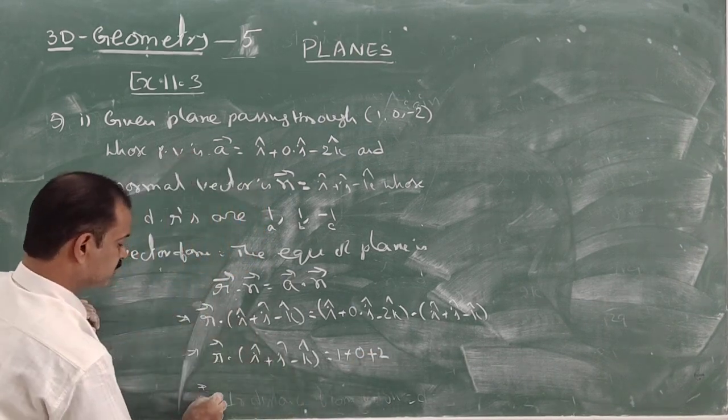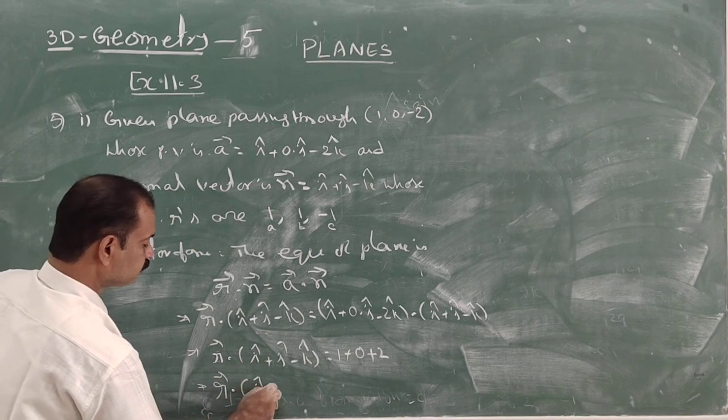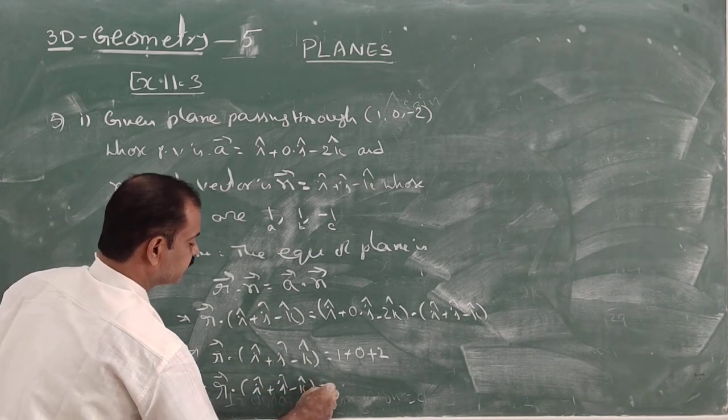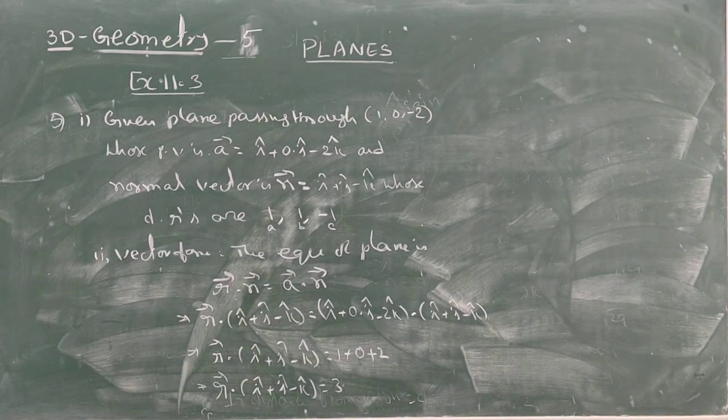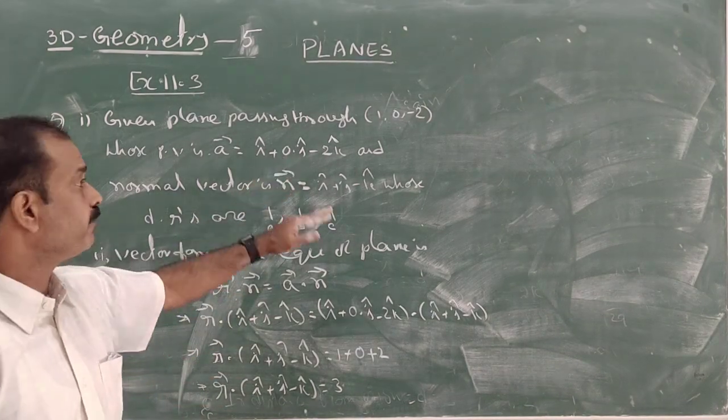So r dot (i plus j minus k) is equal to 3, which is the equation of the plane in vector form.